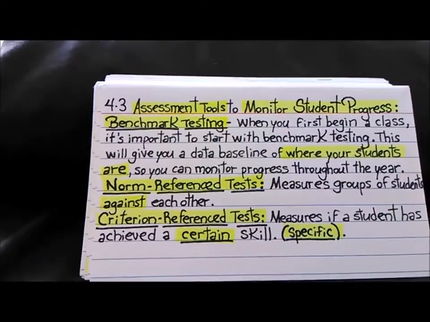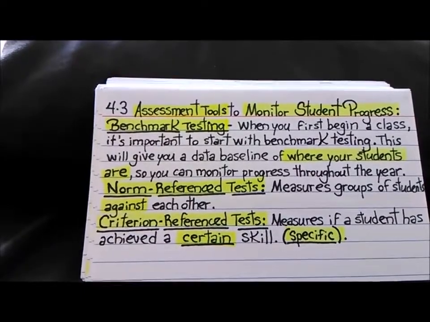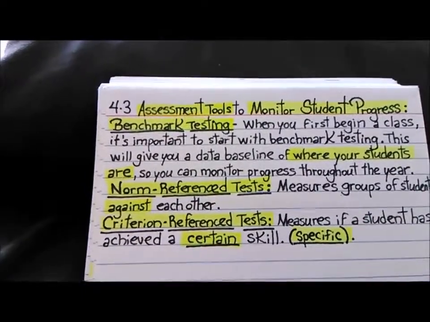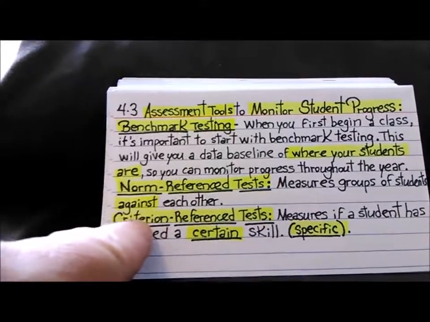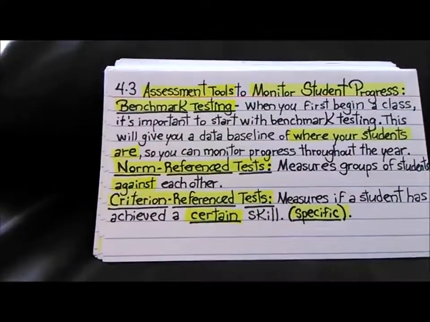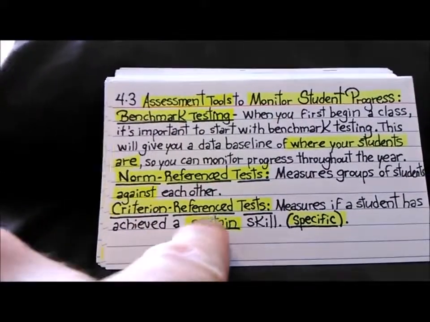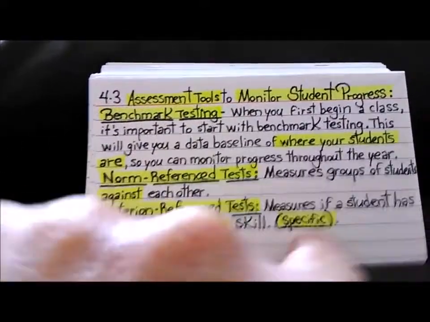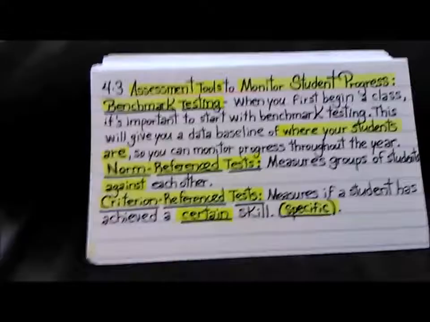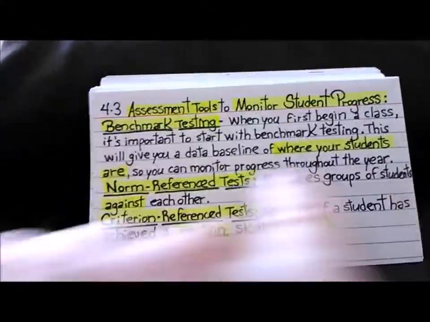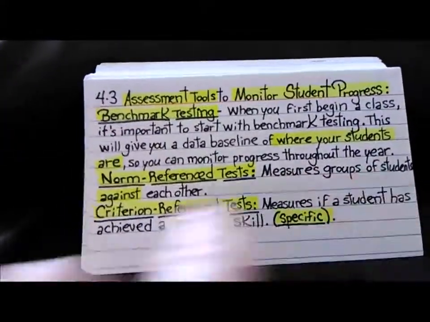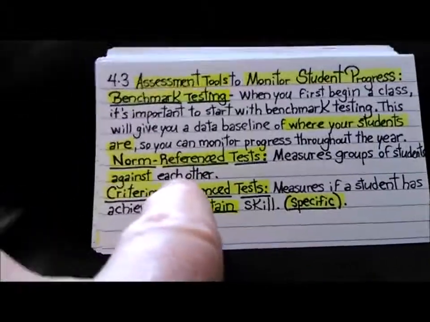A norm reference test measures groups of students against each other. That's the norm reference. And then the criterion reference test measures if a student has achieved a specific skill. Okay, that's criterion. And then norm is measuring groups of students against each other. Okay.